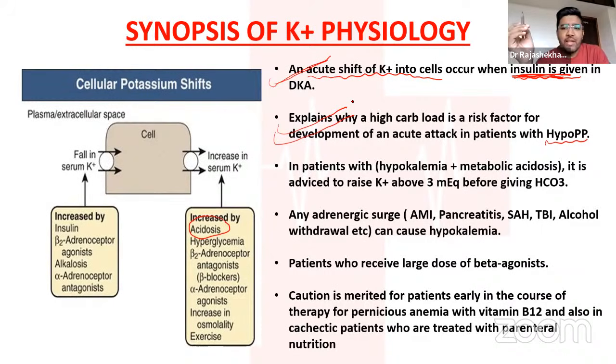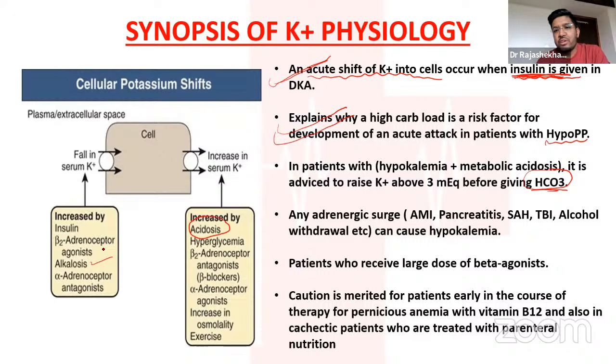And suppose the patient has hypokalemia with metabolic acidosis, you cannot give bicarbonate directly in the presence of hypokalemia, because if you give bicarbonate, as I told you, alkalosis helps in moving the potassium from the extracellular to the intracellular compartment. If you give bicarbonate to these patients, there might be a sudden drop in the potassium, which might again precipitate cardiac arrhythmias.